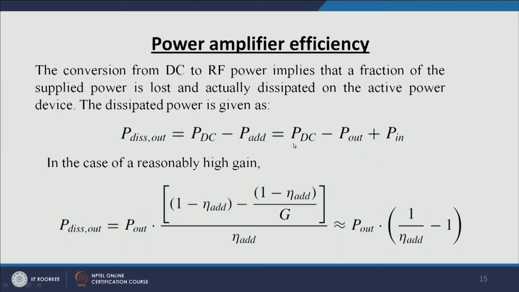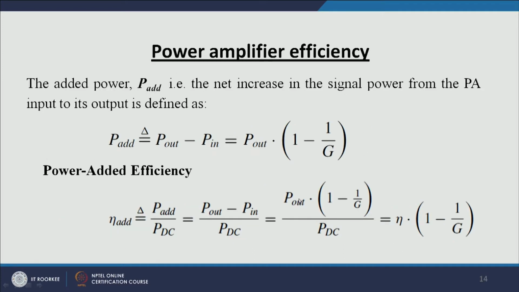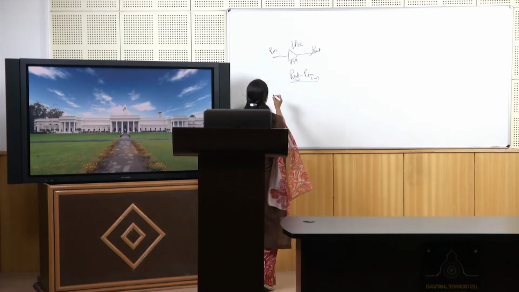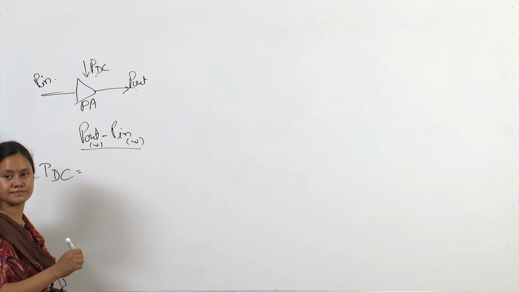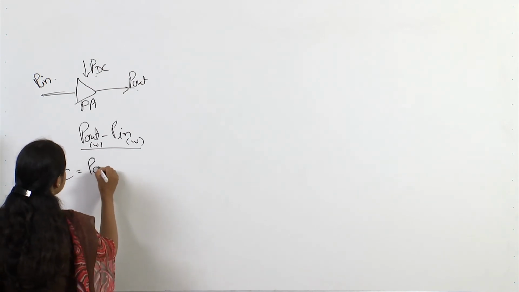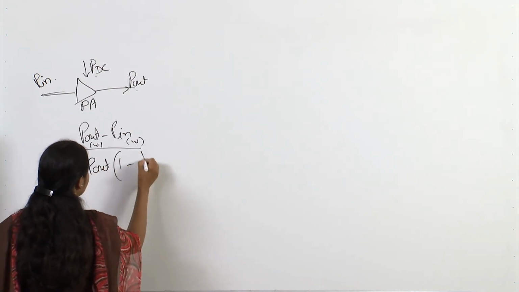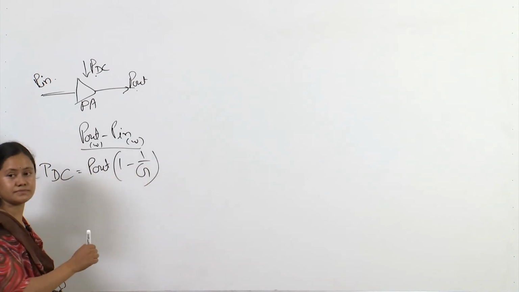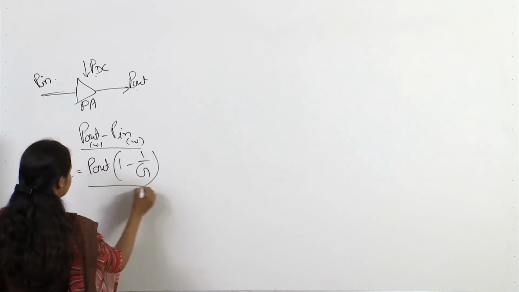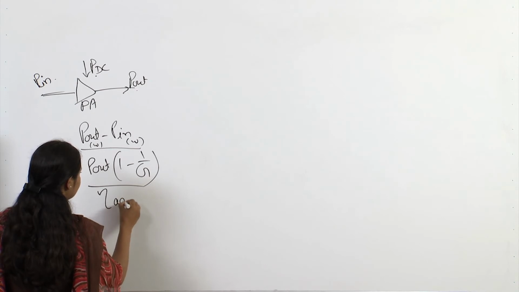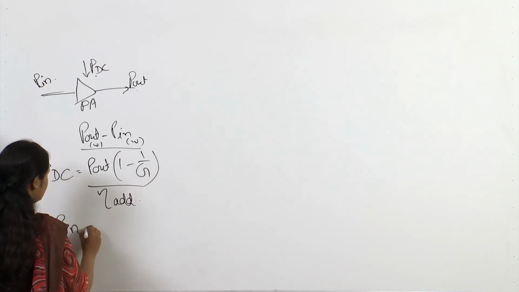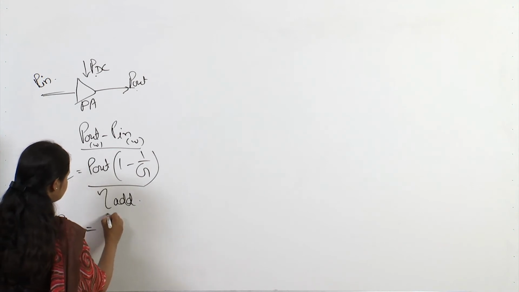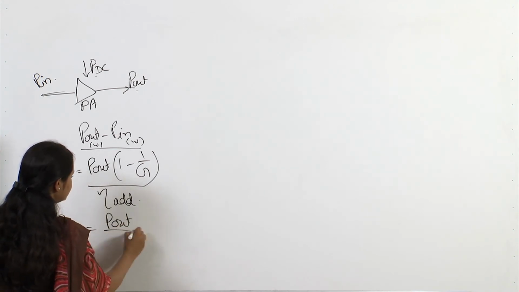So, let us use this formula and write down PDC as P out times (1 minus 1 upon G) divided by power added efficiency. Similarly, P in will be P out upon G.